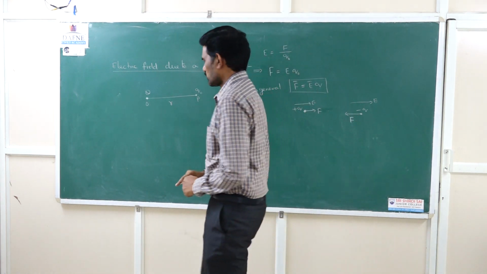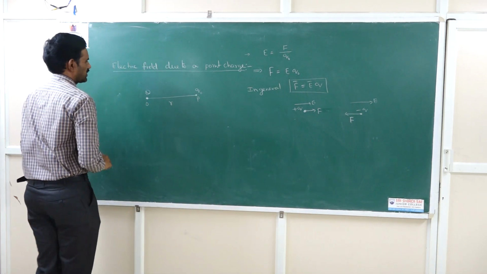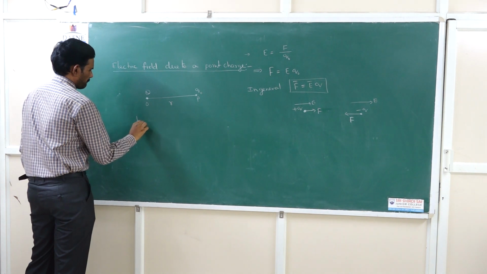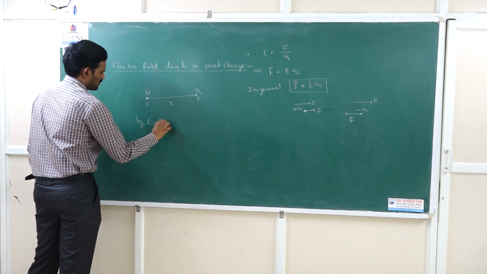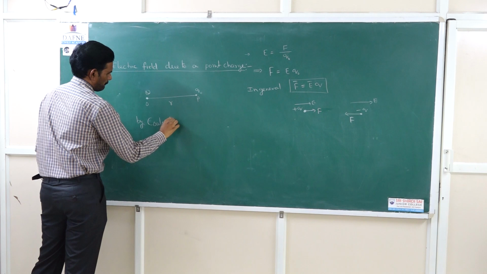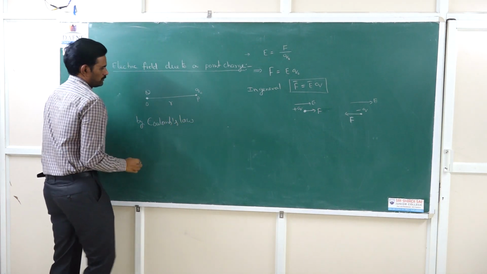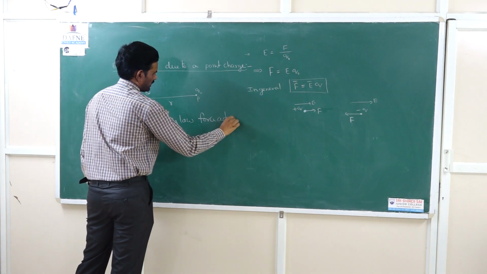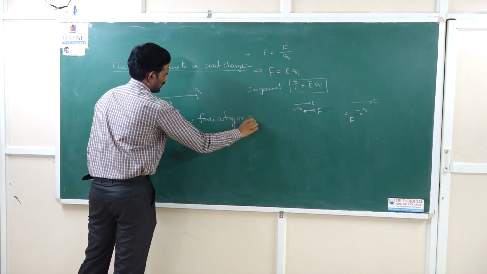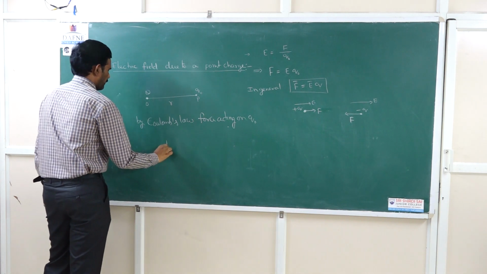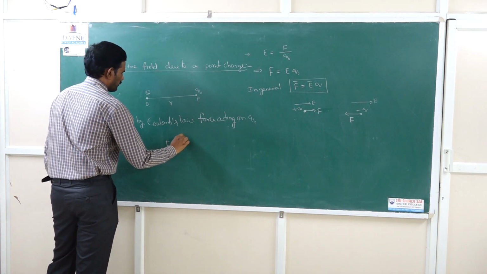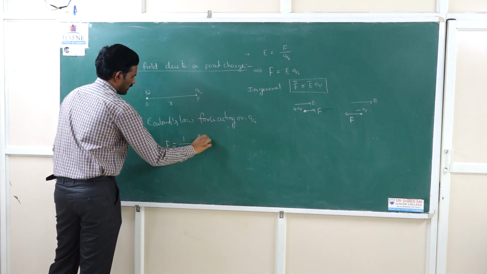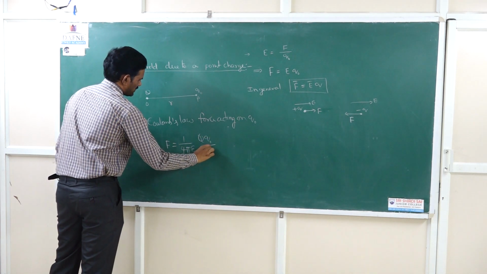Now, according to Coulomb's law, let us write the force acting on this Q naught. The force can be expressed as F is equal to 1 by 4 pi epsilon naught, capital Q into Q naught by r square.